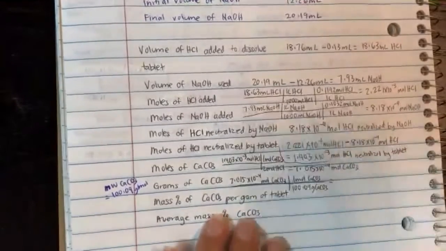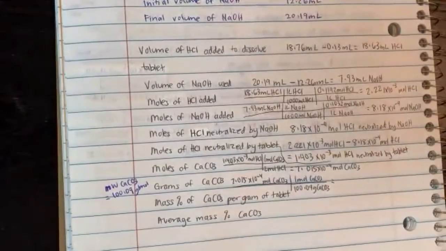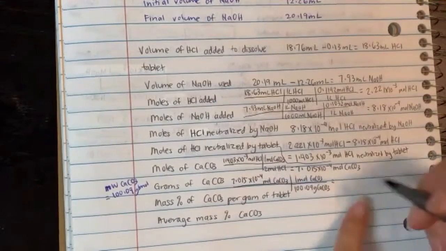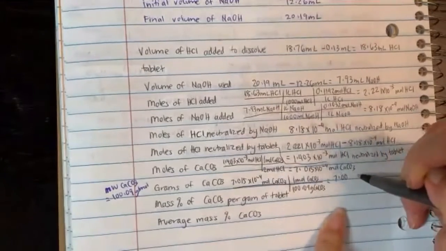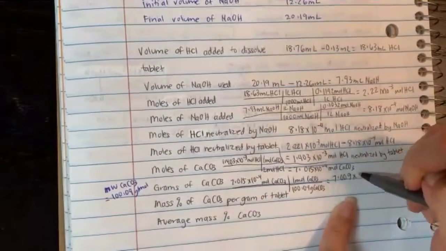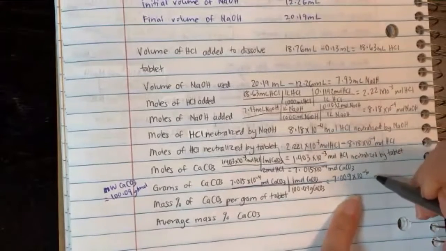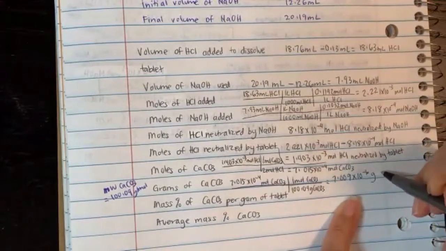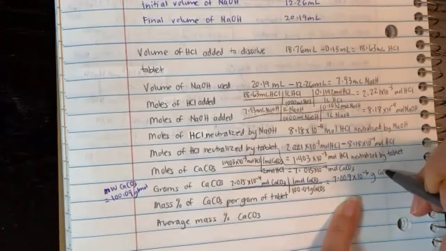So that will give me 7.009 times 10 to the minus 6 grams of CaCO3.